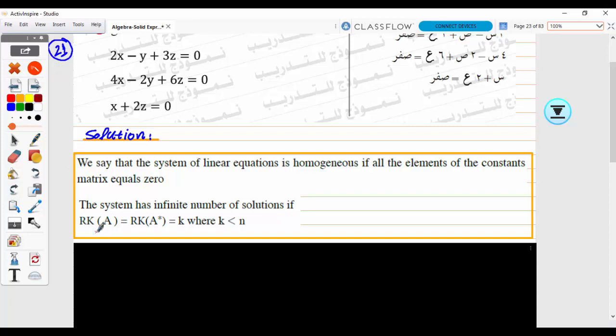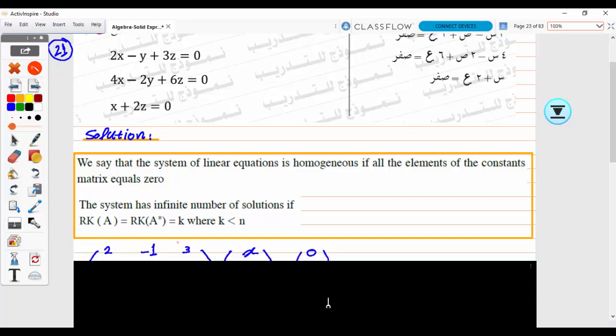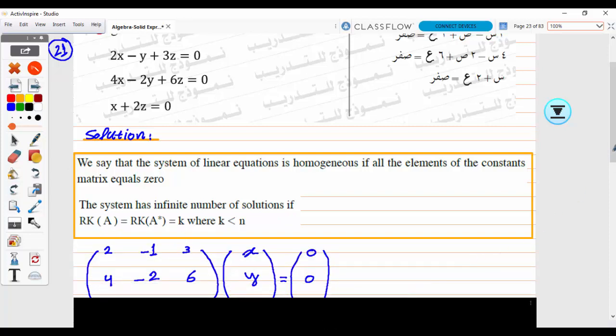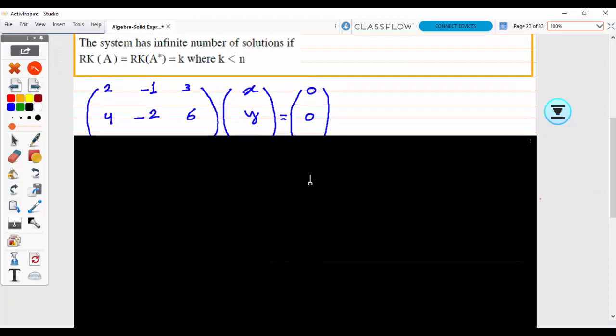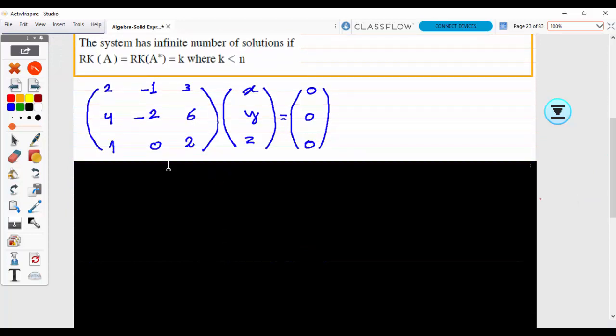How do we get the rank of A? First, I write the equation as a matrix equation, AX equals B. B is the constant matrix, and here it is clear that all the elements equal 0.